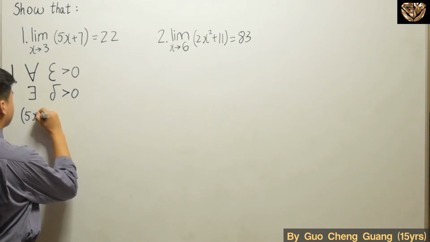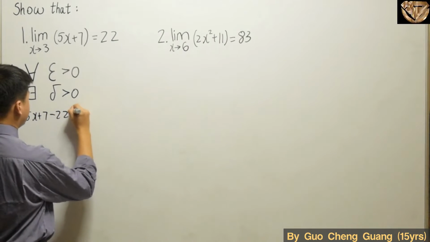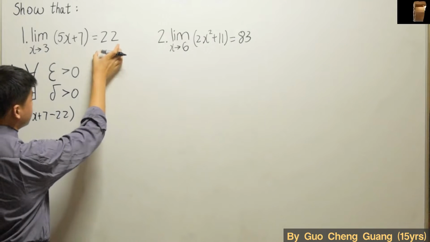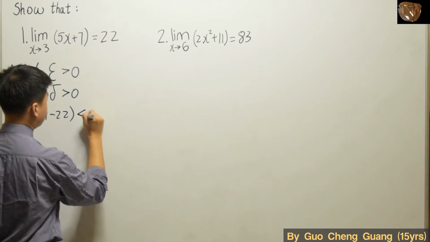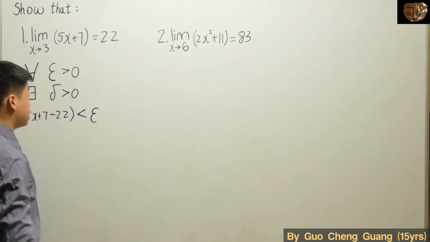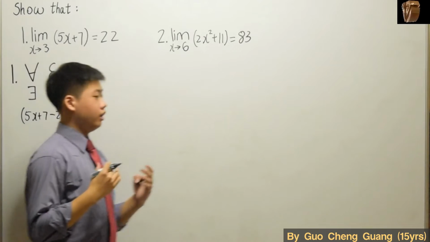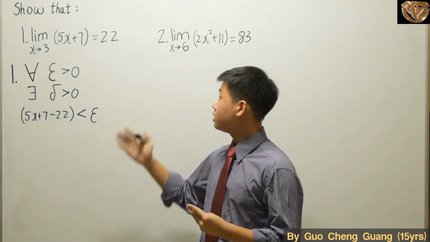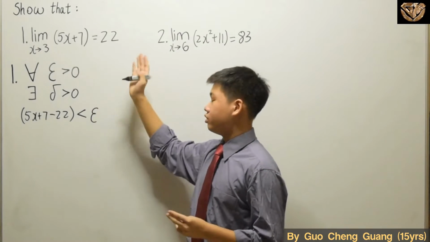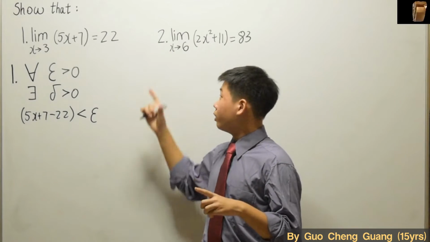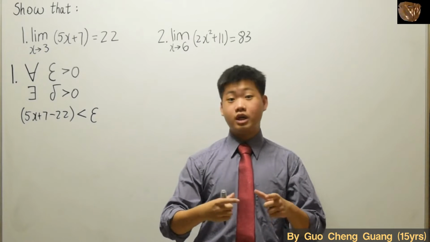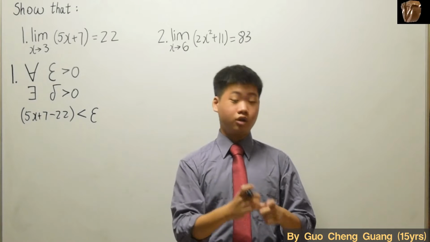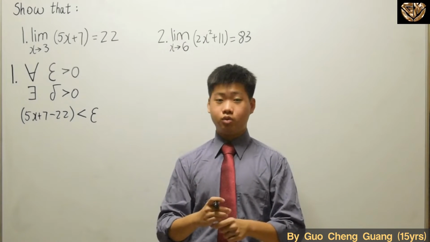The difference between 5x plus 7 and 22 would have to be smaller than epsilon in order to think that whatever tendency you have is actually correct. Since if you give it a certain condition, like when it is in whatever range, then you'll consider it as correct. You could always find something within this range that fulfills your conditions, which you can keep on doing.